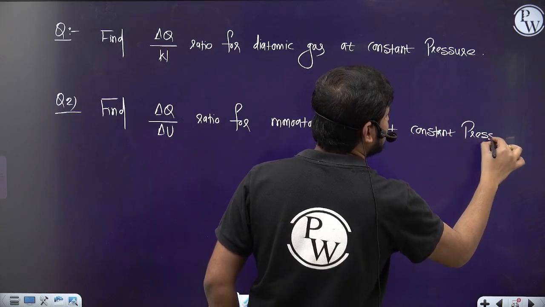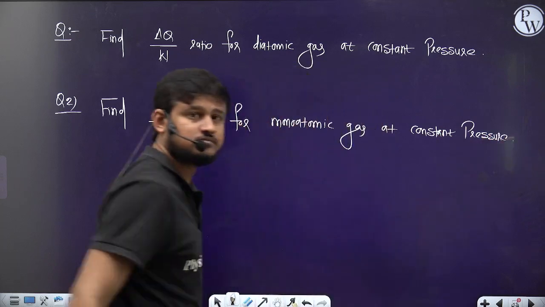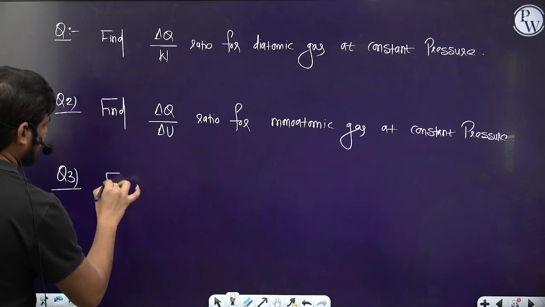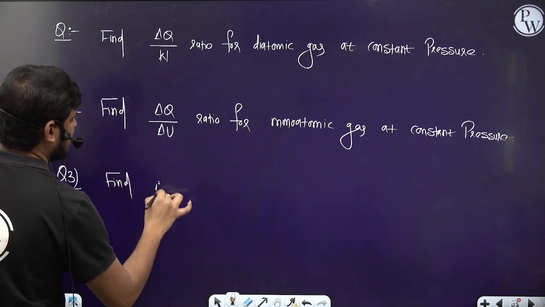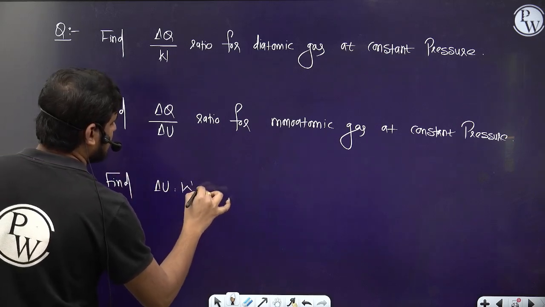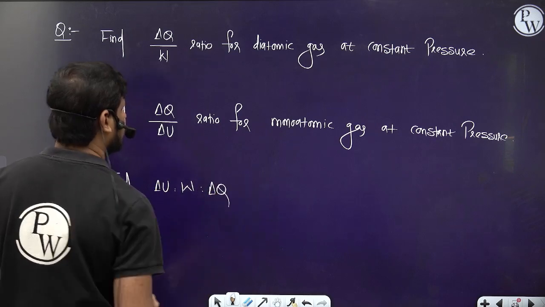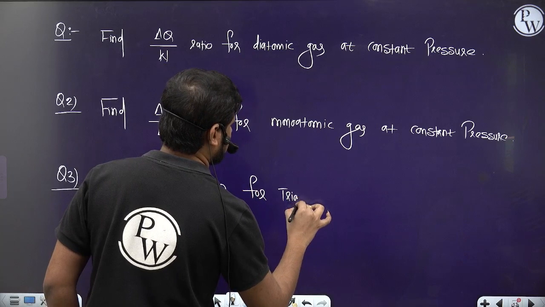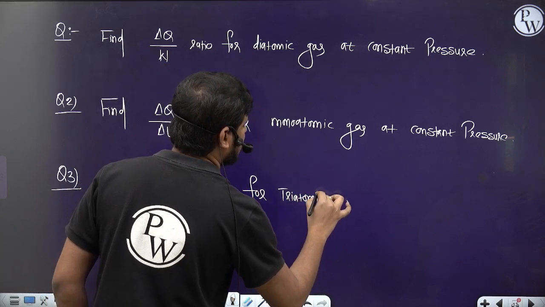The question can be framed this way. Question 3: find delta U is to W is to delta Q for a triatomic gas at constant pressure.